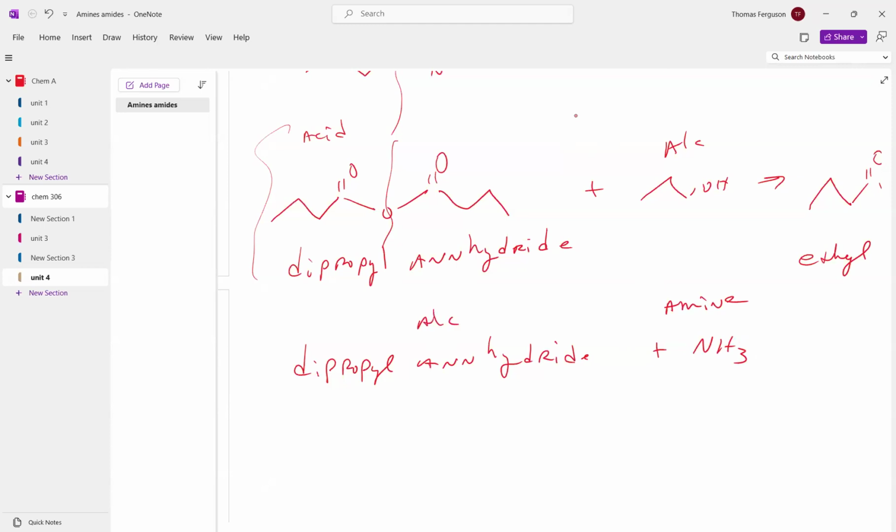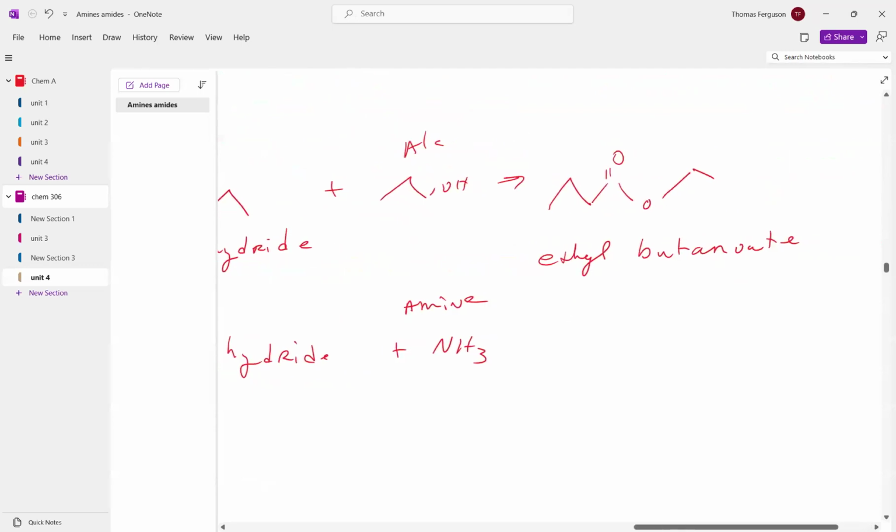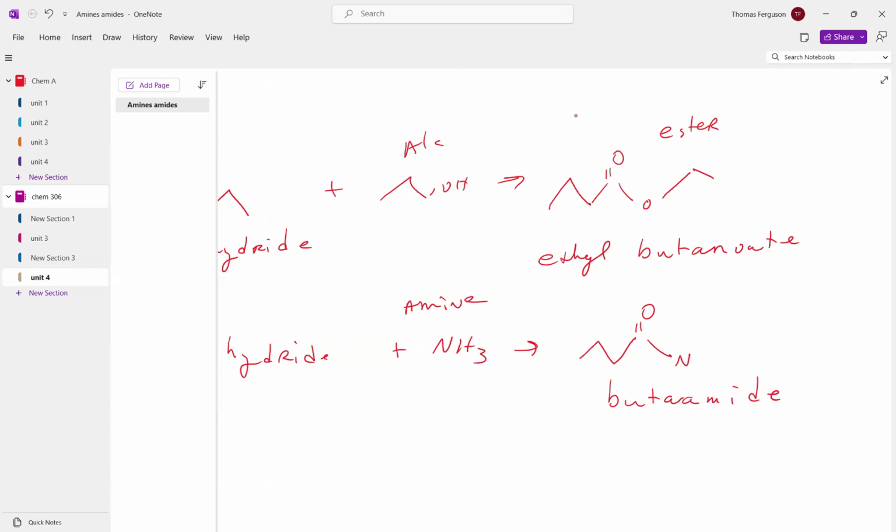Okay, so if we do the same thing, use the same anhydride, with the amine, we're going to end up with an amide. So this is the ester. So this would be, must be N in there.